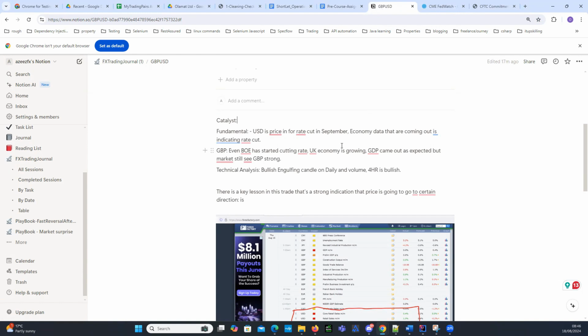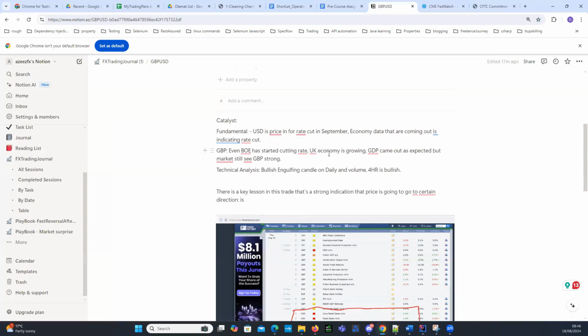The CPI is coming down, the PPI, all these economic data that the Federal Reserve cares about are coming down, which also emphasizes the rate cut in September. Well, we don't know, it might not happen, but that's what the market is pricing.